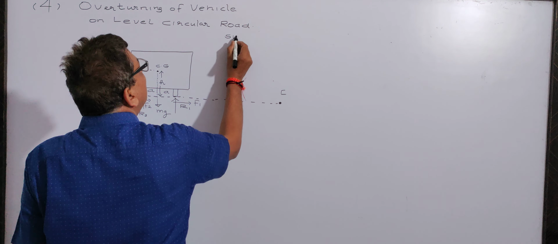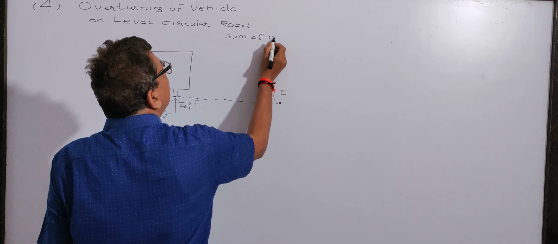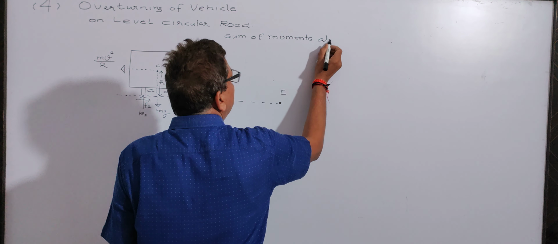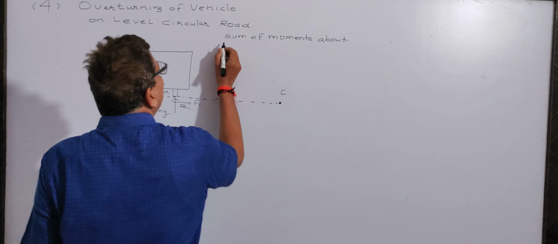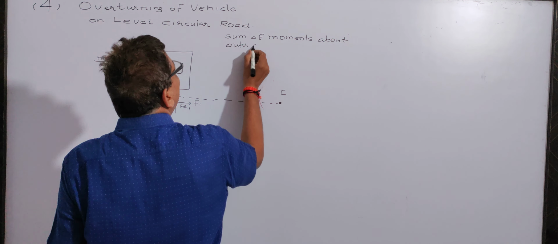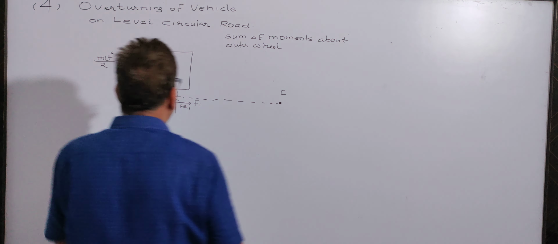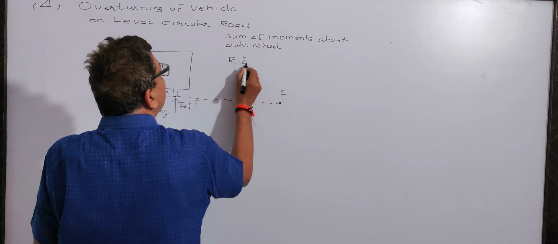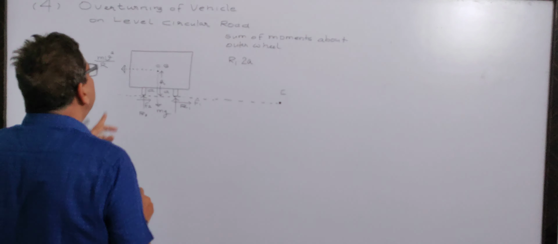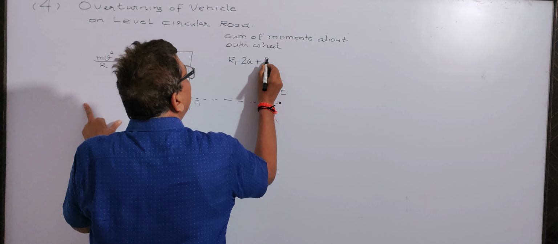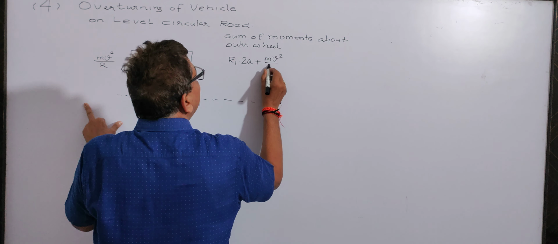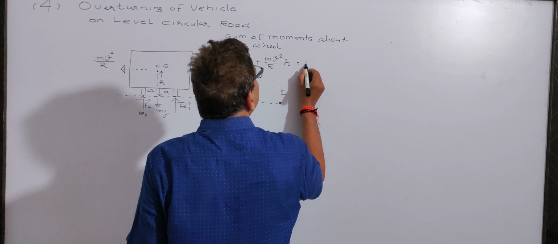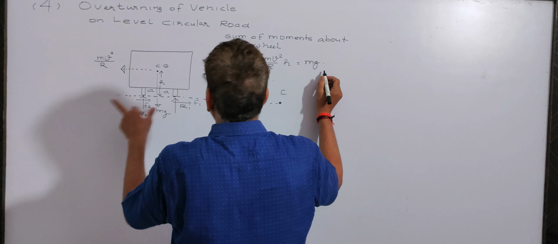Sum of moments about the outer wheel. I can say R1 into 2a anti-clockwise, and mv square by r into h anti-clockwise, that should be balanced by the clockwise moment mg into a.